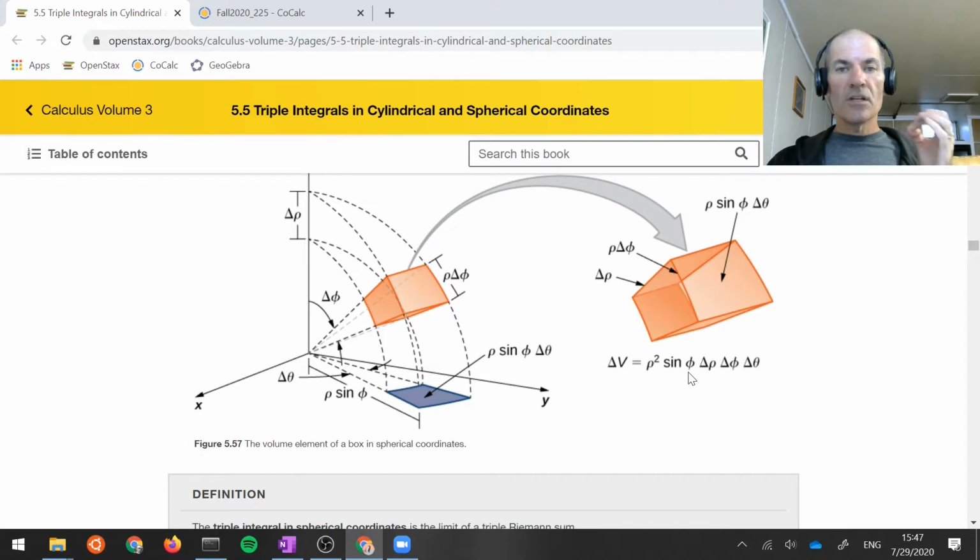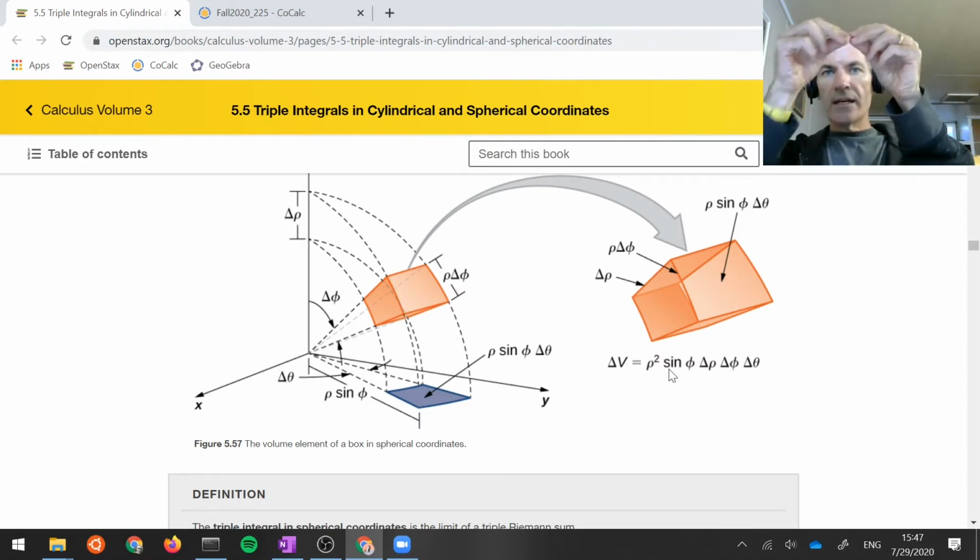Sine of 0 is 0, so sine of something close to 0 is very small. So this factor of sine is scaling this volume to be close to 0 when it's at the North Pole. It also works at the South Pole. Remember, at the South Pole, phi is near pi. Do you remember what the sine of pi is? It's 0.